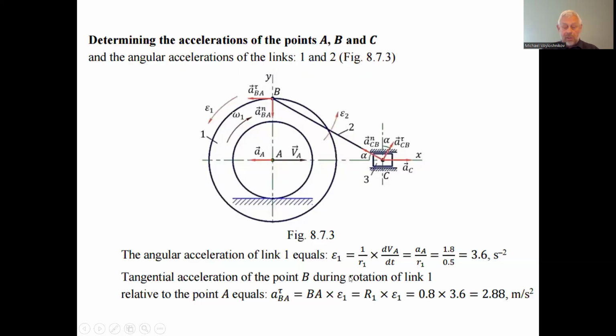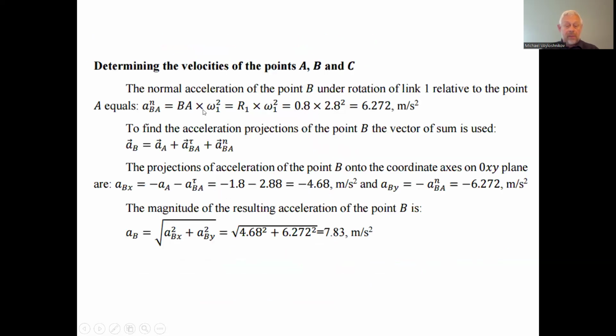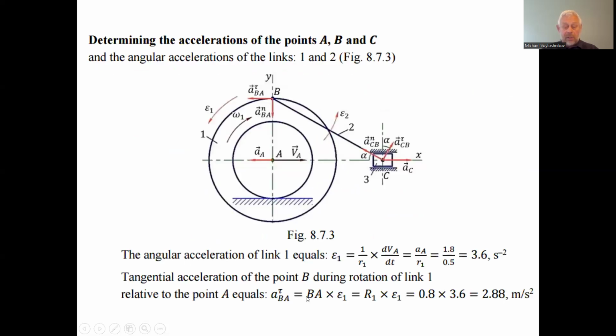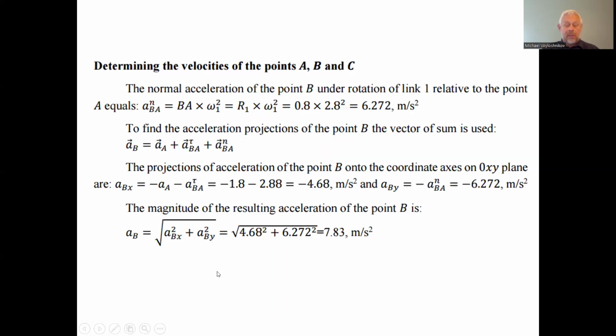The tangential acceleration is the radius by the angular acceleration, and the normal acceleration is the radius by the squared angular velocity. So we have 6.272 meters per square second.